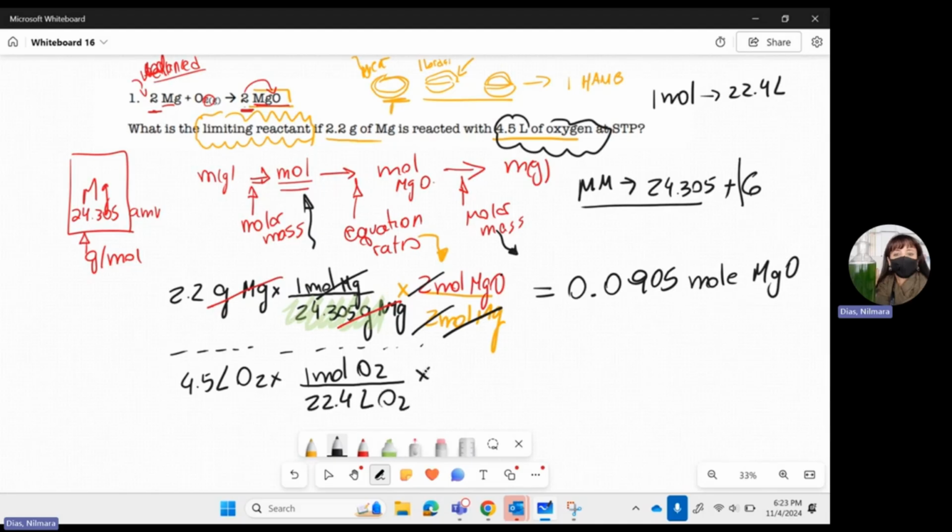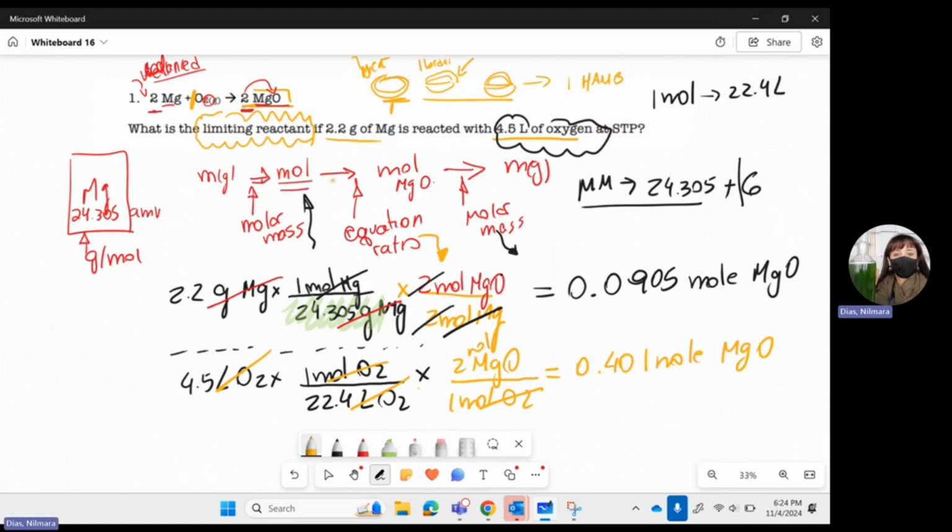Now I need the mole ratio. I know that 1 mole of oxygen will produce 2 moles of magnesium oxide. Now you cancel liters with liters, and you're going to have moles of magnesium oxide. Here you have 0.0401 moles of magnesium oxide.